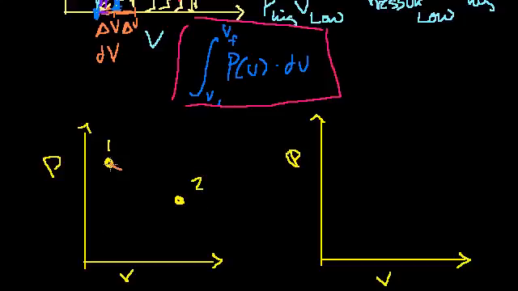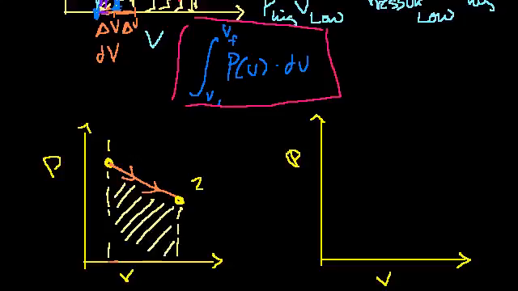So our system was essentially pushed up on the piston, and it could be a curve or a line. I'm not going to get too particular right now, but it was going in this direction. And so we can say that the work done was the pressure times the increase in volume at any moment. So the work done was the area under this curve.